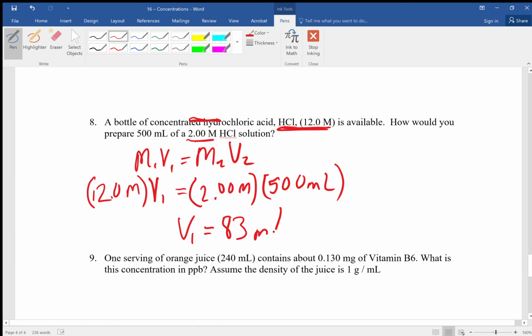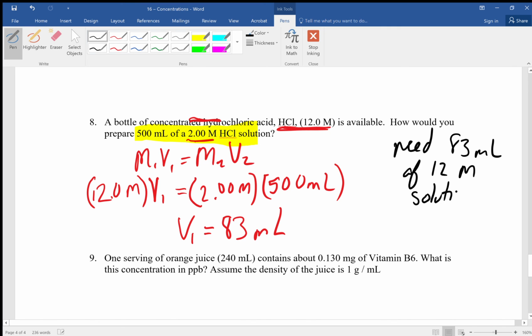V1 here is 83 milliliters. So what this means, if we want to make 500 milliliters of a 2 molar HCl solution, we need 83 milliliters of 12 molar solution, and then we add water until we get to 500 milliliters.